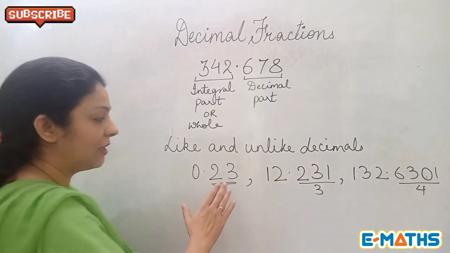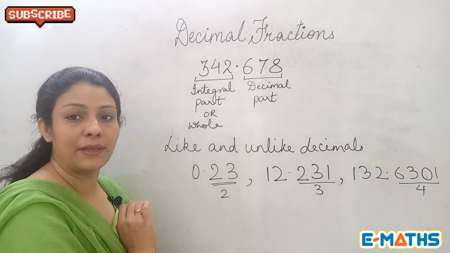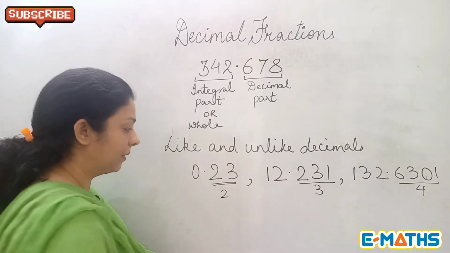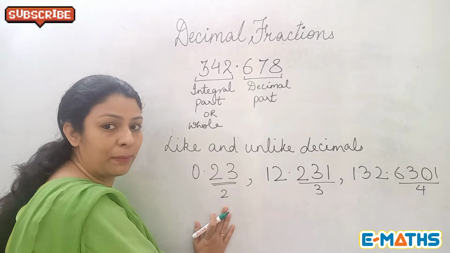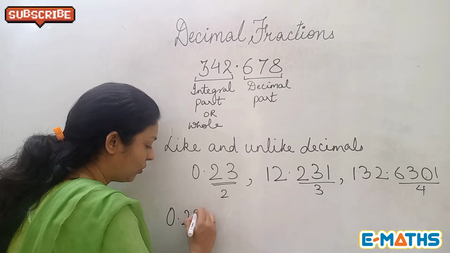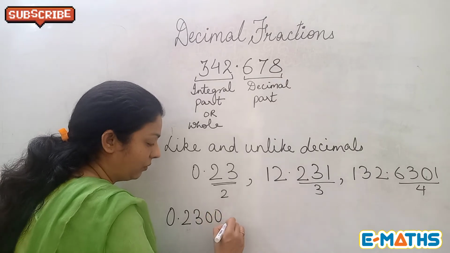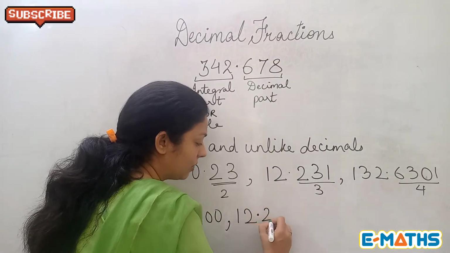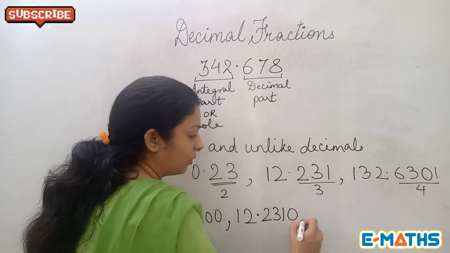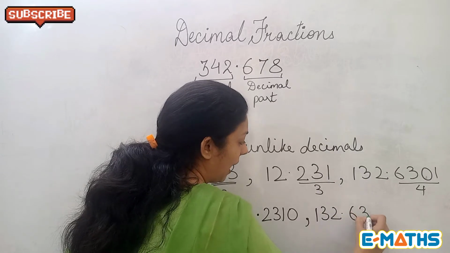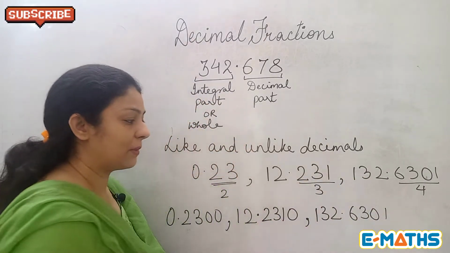So to make the other 2 numbers like, I am going to add zeros at the end of the number. Here we have only 2 decimal places. To make it 4, I'll just write 0.2300. Similarly, the next number will become 12.2310, and the last number will remain the same as it already has 4 decimal places.